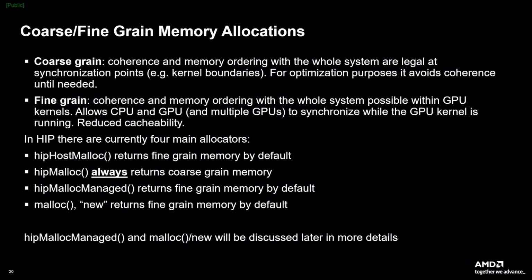So with coarse grain, at kernel boundaries, everything is synchronized, and so you don't have any coherence issues once you've exited a kernel. Within fine grain, you can get coherency within a kernel, and so the CPU and GPU can synchronize while the kernel is running.